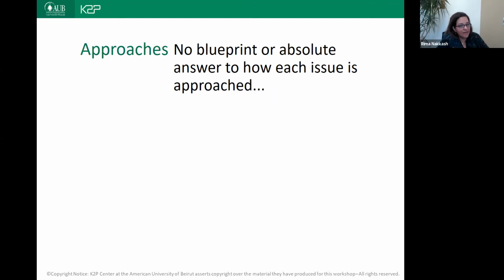Very importantly, and this comes up many times even in classes when I'm talking about advocacy, it's important to be aware that there's no blueprint or absolute answer to how each issue is approached.